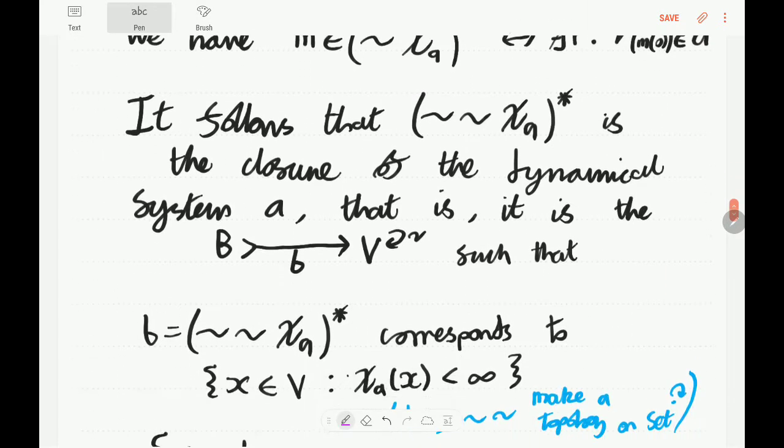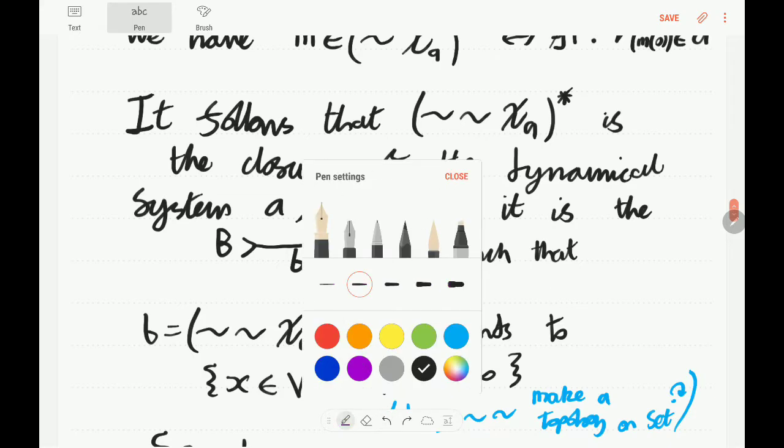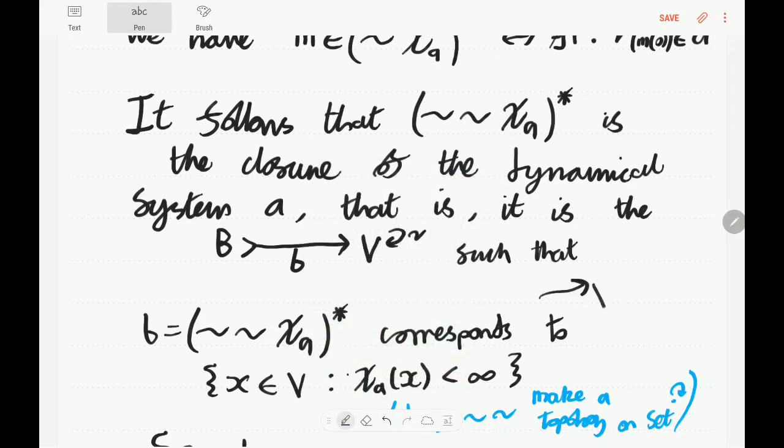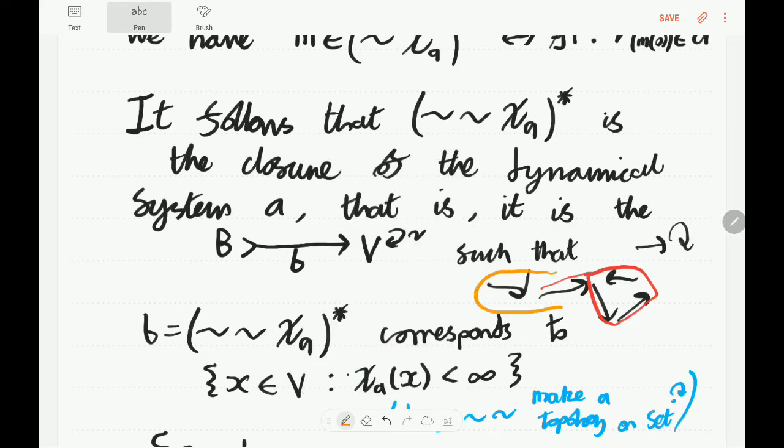So, for example, consider a dynamical system like this. And now suppose that A is this. Well, then not chi A classifies this whole connected component, okay?